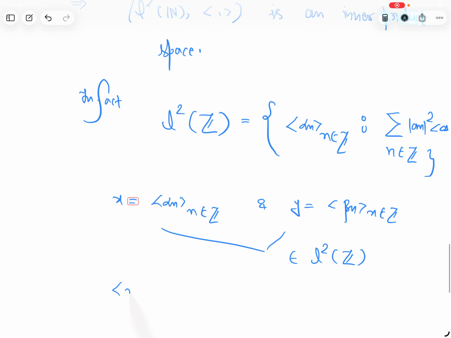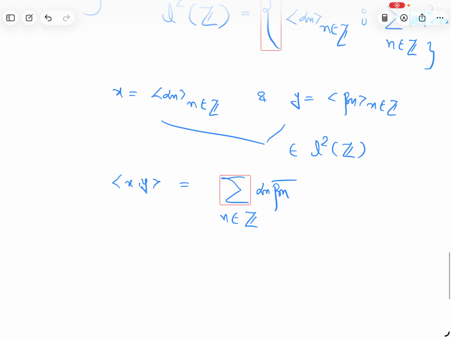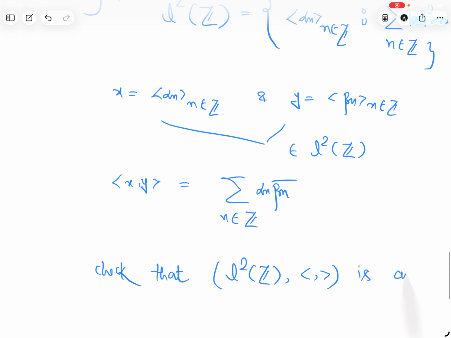I can define an inner product in this way, sum over n in Z. You can check that l2(Z) with this is an inner product space.